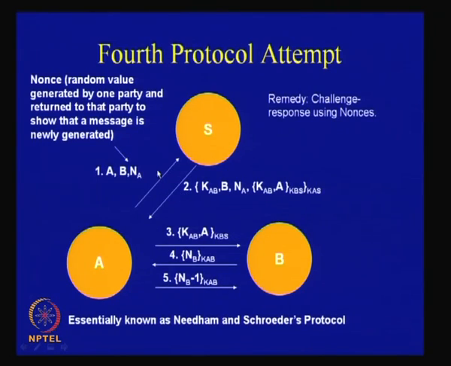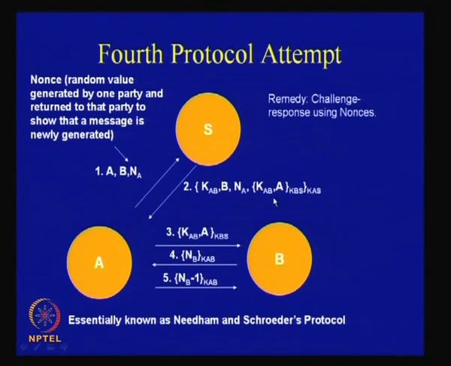Along with it is KAB comma A, which has been encrypted by KBS, and the whole thing has been encrypted by KAS. Often this small entity, KAB comma A encrypted by KBS, is called the ticket. A wants to communicate with B, but in order to do so, it obtains a ticket from S. So it obtains two things, the session key along with the ticket.